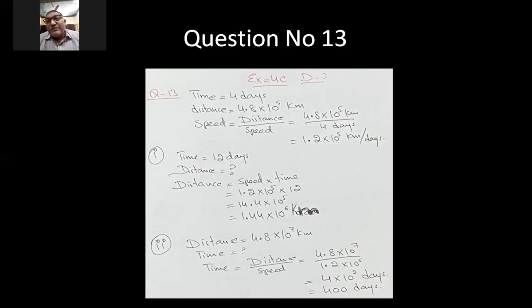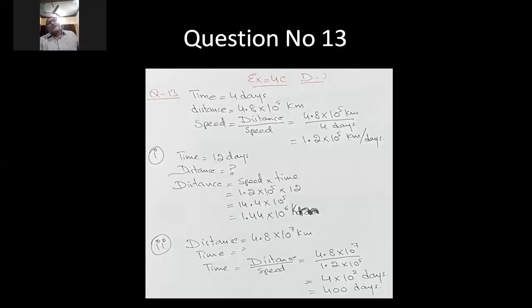So simply multiply with 12. In your calculator you will write 1.2 expo 5 multiply 12 equals, so you get 14.4 expo 5. So move this decimal one step to the left side. So you will have 1.44 expo 6 kilometers.